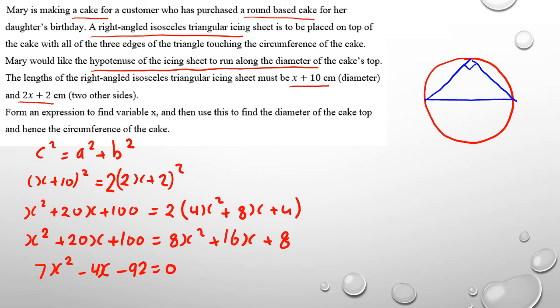And then when you press solve, you get 2 solutions, either x is -3.5 or x is equal 3.9.